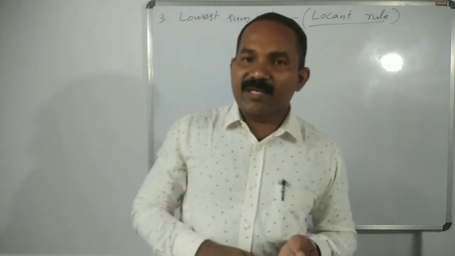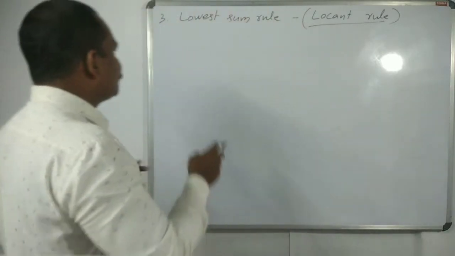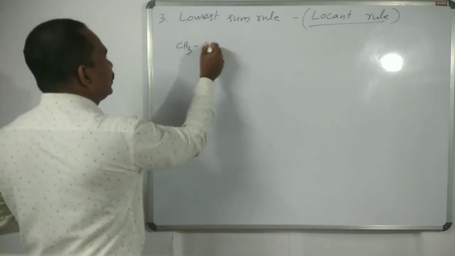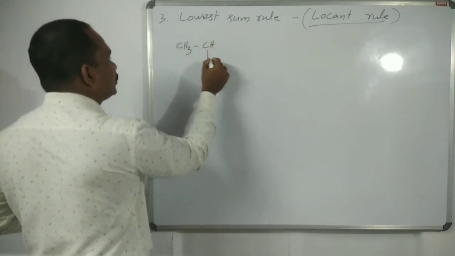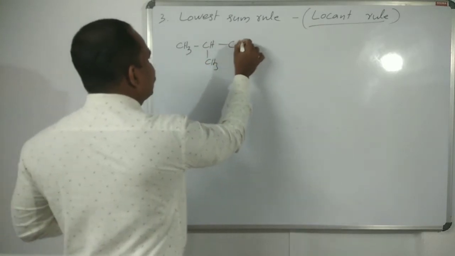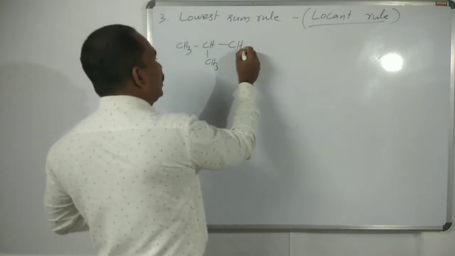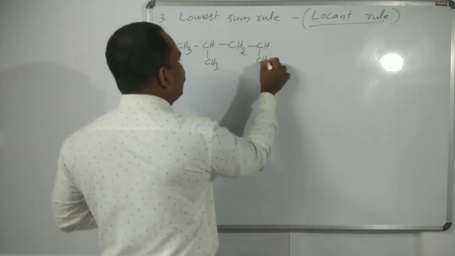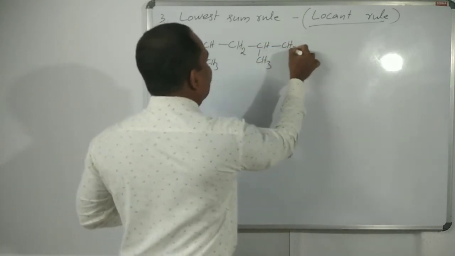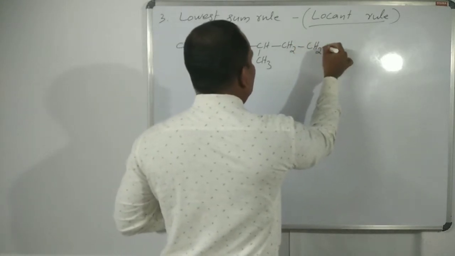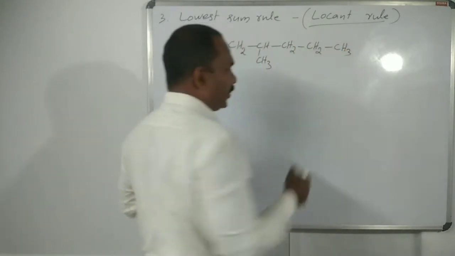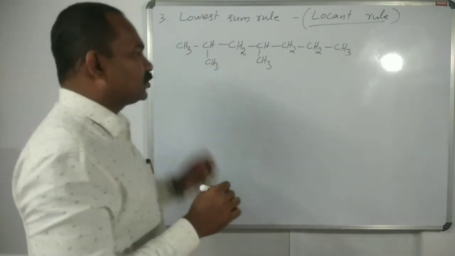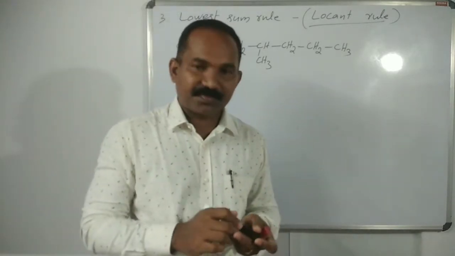Let's explain with some examples. The first example is CH3, CH, CH3, CH2, CH, CH3, CH2, CH2, CH3. First we discuss this one, then we move to another example.